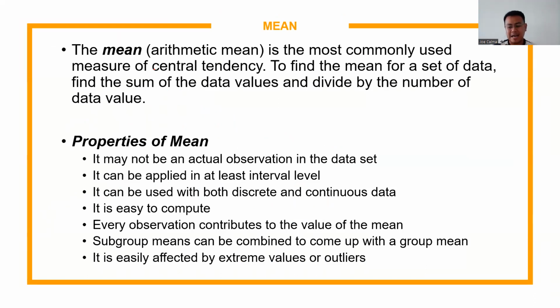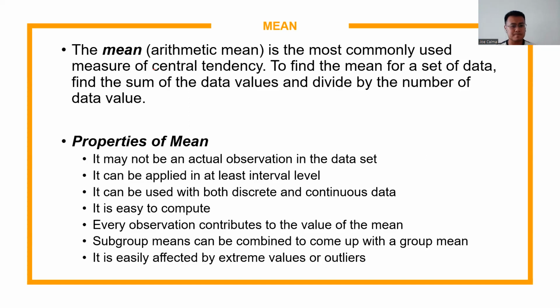So, kaya akala natin pag sinabing average is the mean because mean is the most commonly used measure of central tendency. So, siya yung pinaka-ginagamit. Kaya, pag sinabing average, akala natin si mean, pero hindi. Kasi lang, dahil siya yung pinaka-gamitin among the 3.